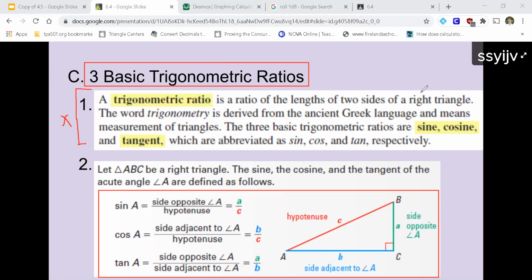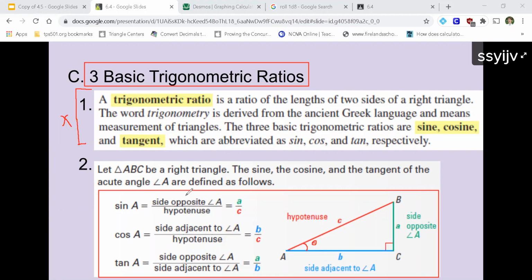There's sine, cosine, and tangent. Sine is usually abbreviated SIN, and the sine of an angle A will tell you the ratio between the opposite side and the hypotenuse.